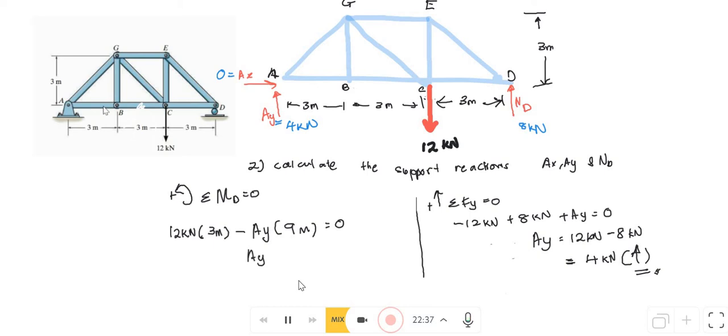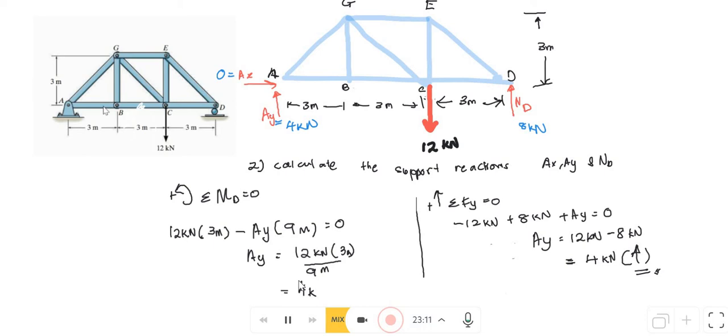AY is equal to 12 kilonewton times 3 meter divided by 9 meter. Okay, so you also can get the same answer, which is 4 kilonewton.